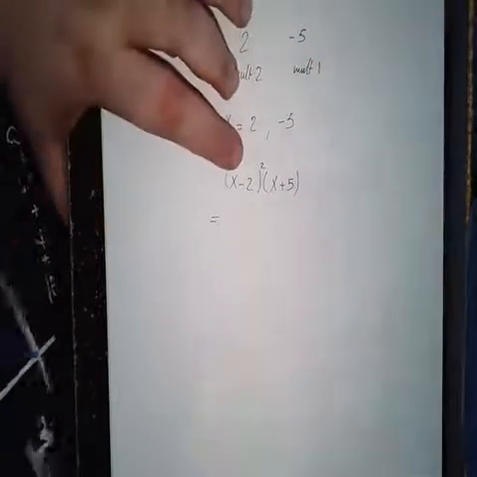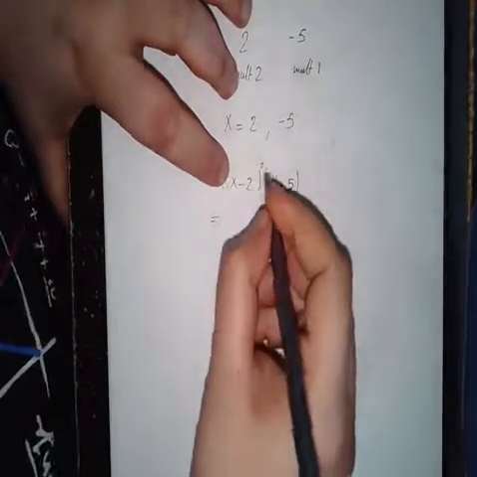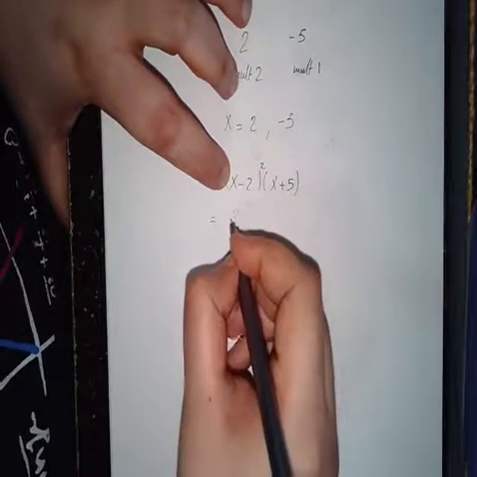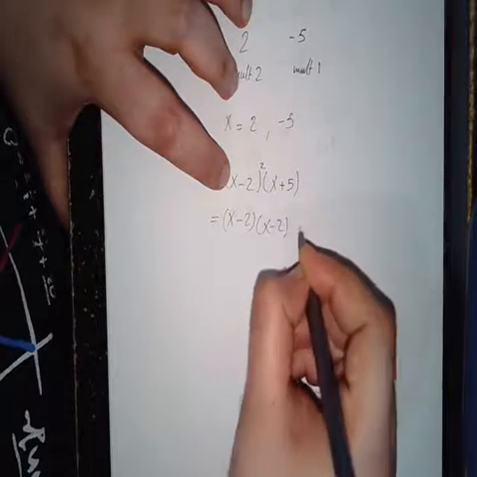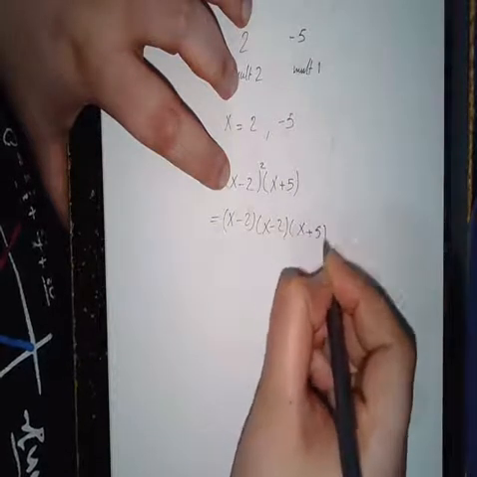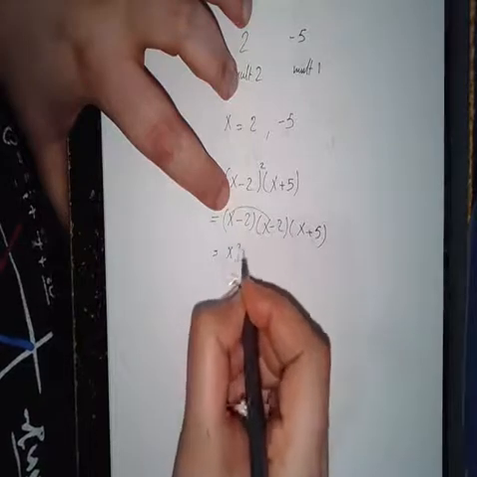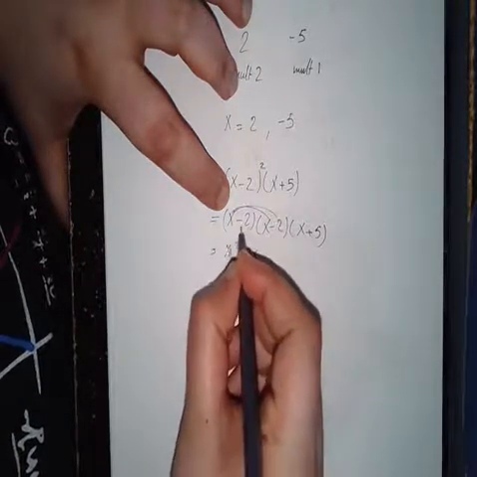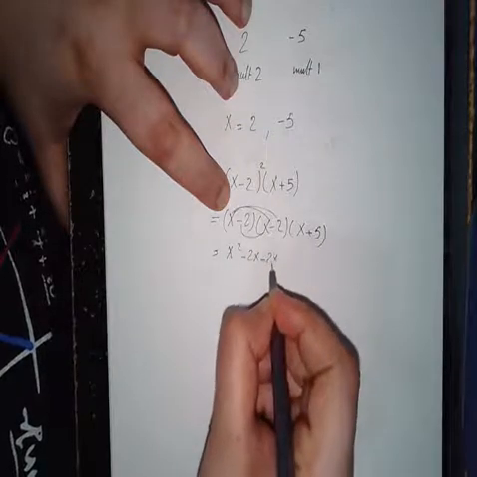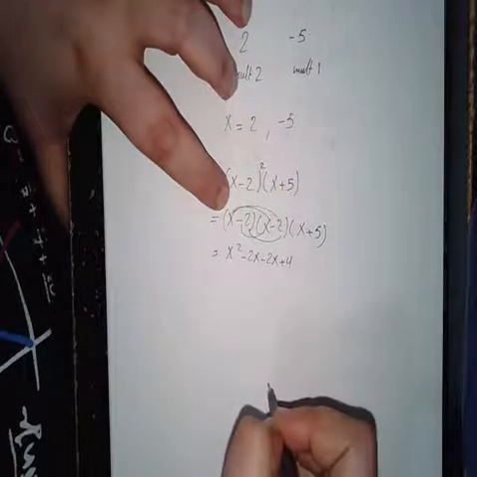So first let's start with squaring the x minus 2. So it's going to be what? x minus 2 times x minus 2 times the x plus 5, right? So I'm doing these two first. x times x is x squared, x times negative 2 is negative 2x, negative 2 times x is another negative 2x, and negative 2 times negative 2 is a positive 4, right?